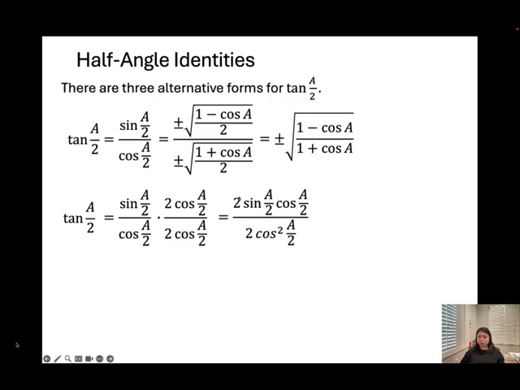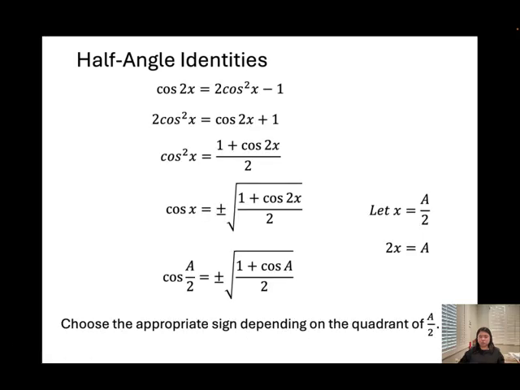This is the double angle formula for the sine, right? It's equal to sine of 2 times a over 2. Remember that sine 2x equals 2 sine x cosine x. And in the denominator, I have 2 cosine squared a over 2, equal to 1 plus cosine of 2 times a over 2. This is from the previous one: 2 cosine squared x equals cosine 2x plus 1.